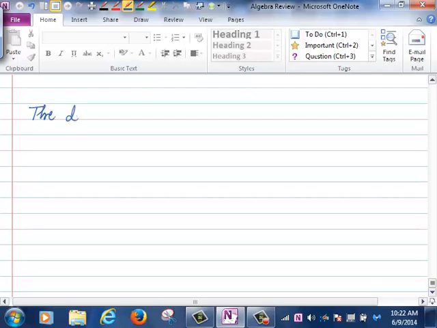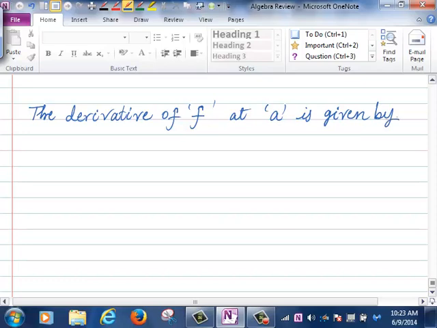The derivative of f, where f is a function, at some number a is given by f prime of a equals the limit as x goes to a of f of x minus f of a, divided by x minus a.